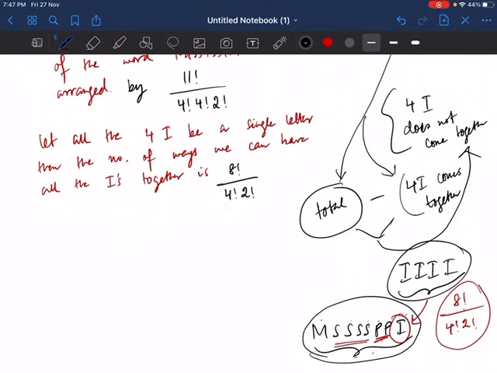So this is the number of ways we can have all the I's together. So after this we can easily get the answer.